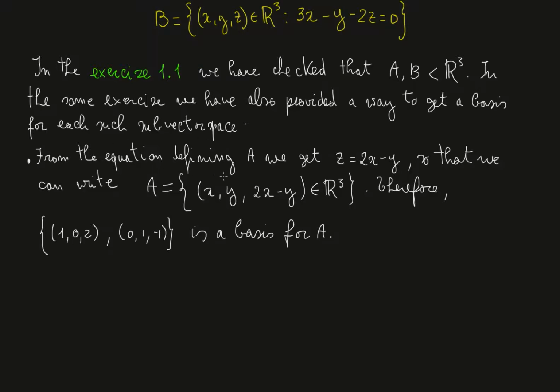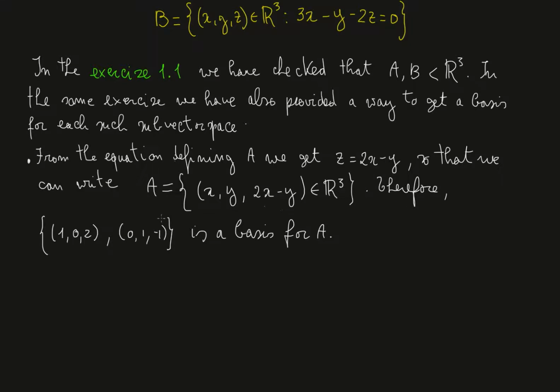So from the equation defining A, we get z equals 2x minus y, so that we can write A in the following form: x, y, and then instead of z, we impose this relation, 2x minus y, and then there are no more other relations that have to be satisfied by these vectors in R3.